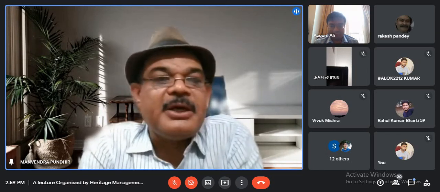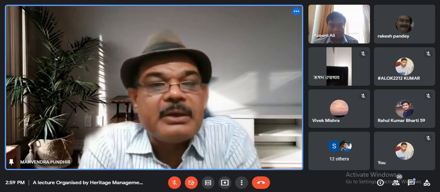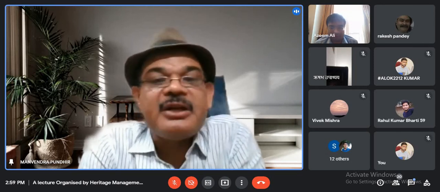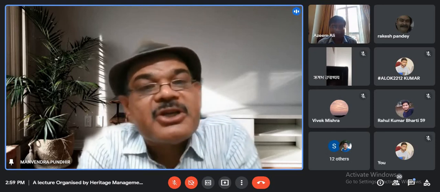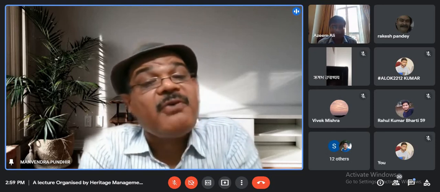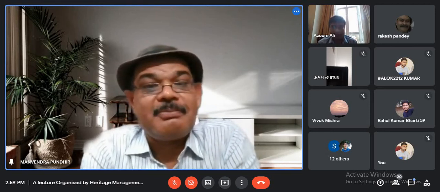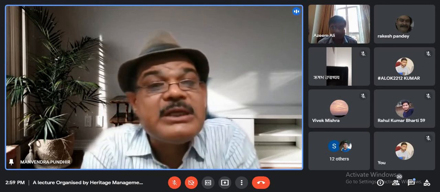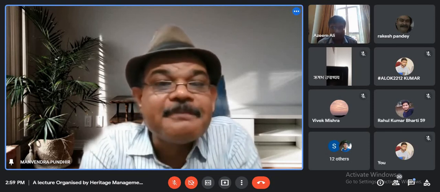Even though a large number of mints existed in different parts of the Mughal Empire, they were striking the coins with great accuracy. And this accuracy cannot be achieved without central monitoring.